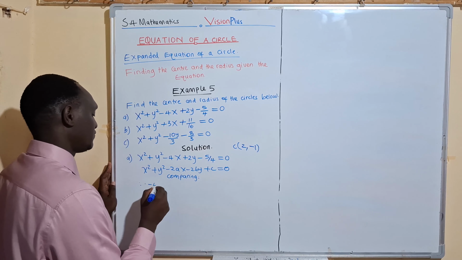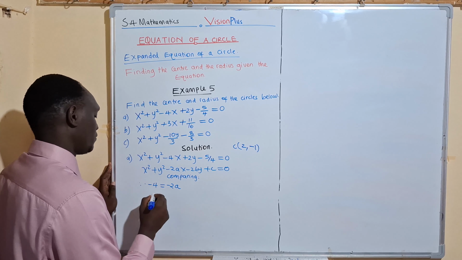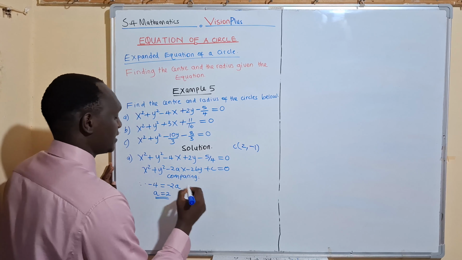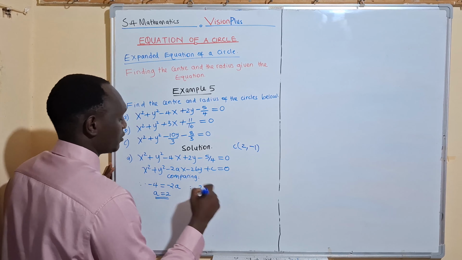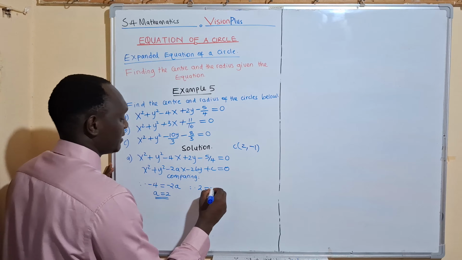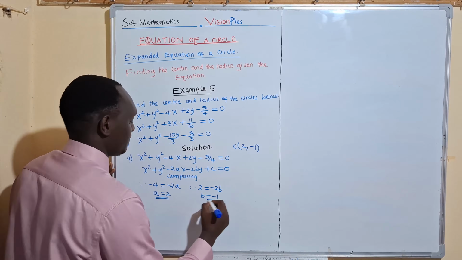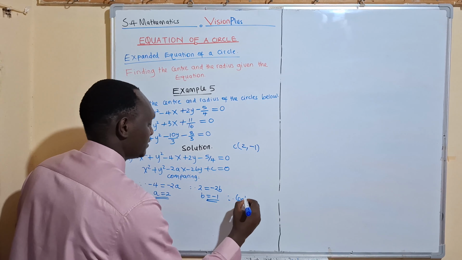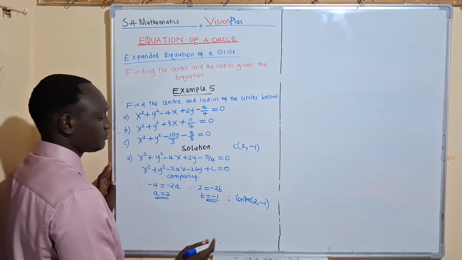Therefore, negative 4 equals negative 2a. If you work it out, you find that a is positive 2. At the same time, the coefficient of y, 2, equals negative 2b. Then you find that b is negative 1. So we have 2 and negative 1. Therefore, your center becomes 2 and negative 1.